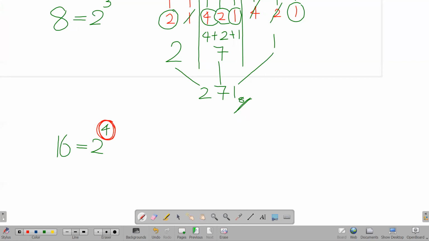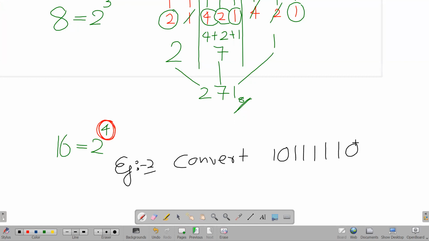So let's take the example like this. This is number 2. Convert 1011 111011 binary into hexadecimal.